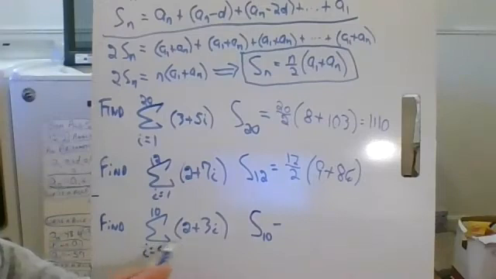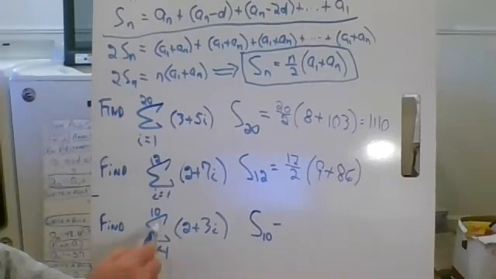It would be S sub 10, which would be i equals 1 to 10, minus what? What would 4 to 10 be? Going from 1 to 10 minus what?